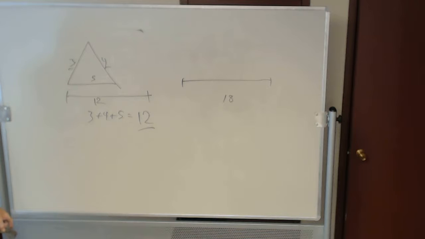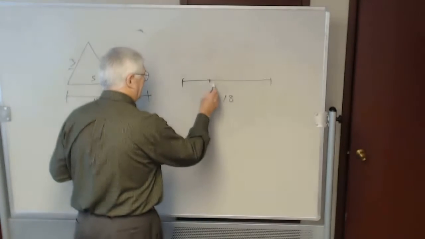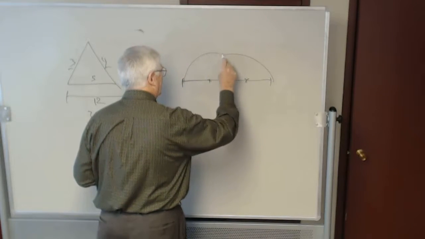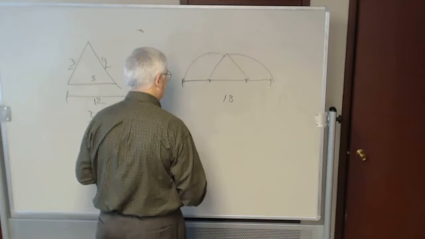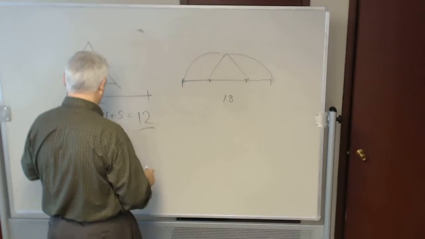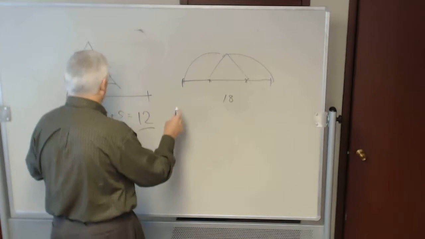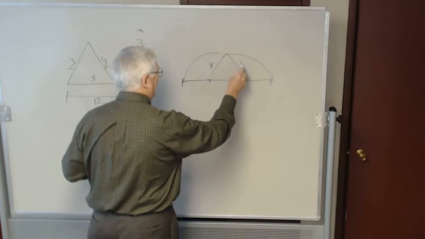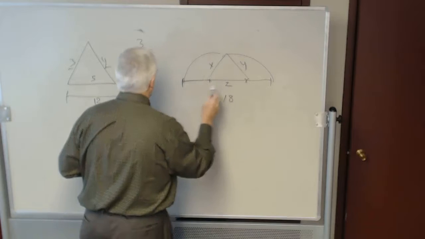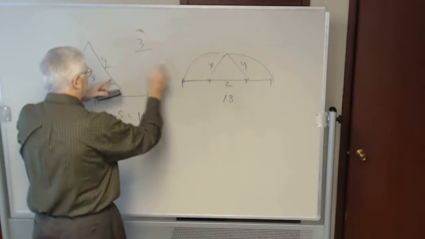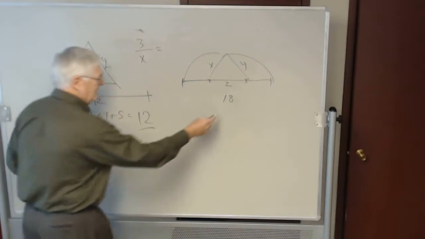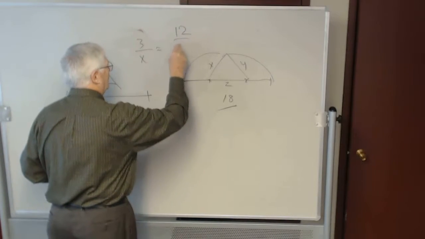So what am I going to do? Well, whatever I bend this up, when I put a little thing here and put a little thing here and bend this up to make a triangle, it's going to have to be 3 over x, and y and z. 3 over x is going to have to equal what? 12 over 18.